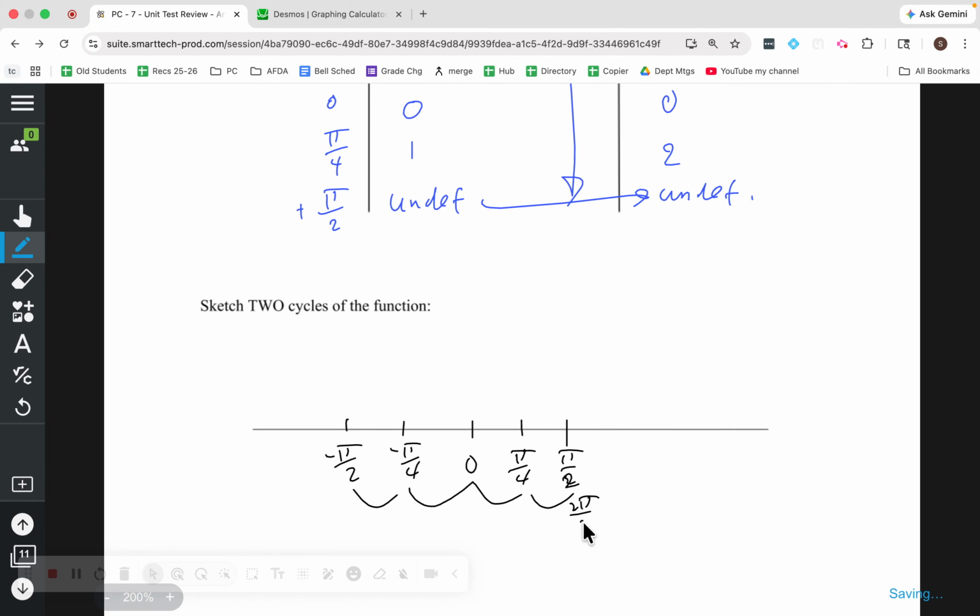So if we call that 2 pi over 4, which is the same as pi over 2, we can say this is 3 pi over 4, 4 pi over 4, which is pi, 5 pi over 4, and 6 pi over 4. That just makes it easy to kind of know these steps. But you know that's pi. And this is 3 pi over 2. Okay, but let's graph one cycle.